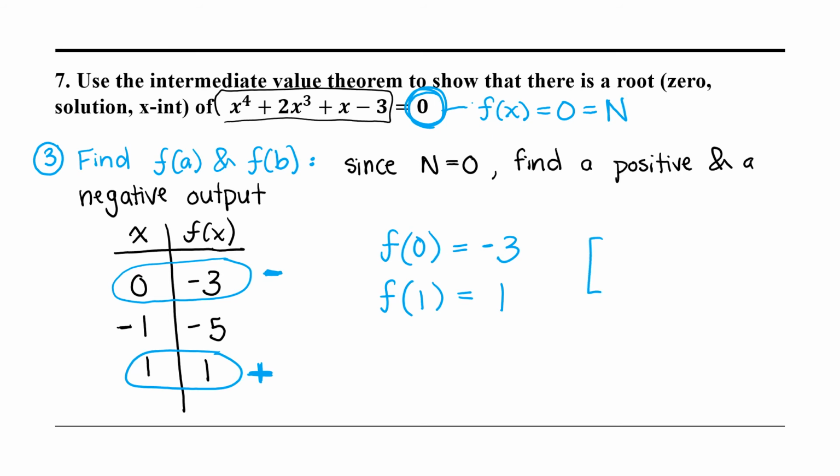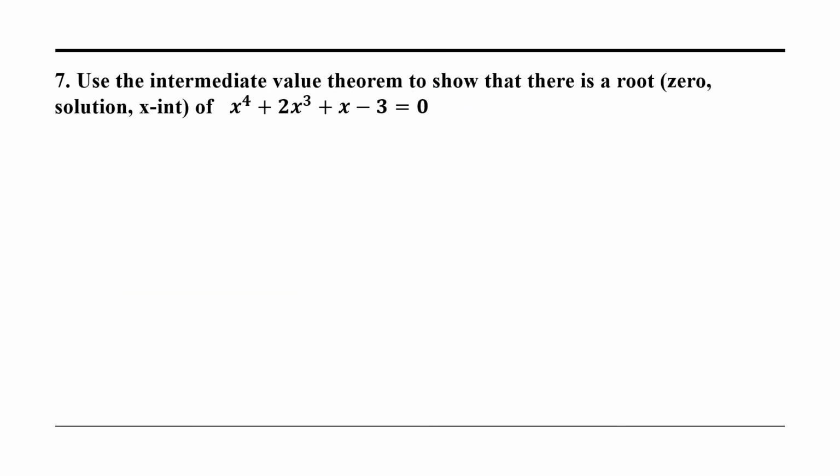So we're looking at the interval from 0 to 1, and our n, which is 0, is trapped in between our f of 0 and f of 1. So we have our f of a and f of b. Excellent. Once you have your f of a and f of b, all that's left to do is state our conclusion.